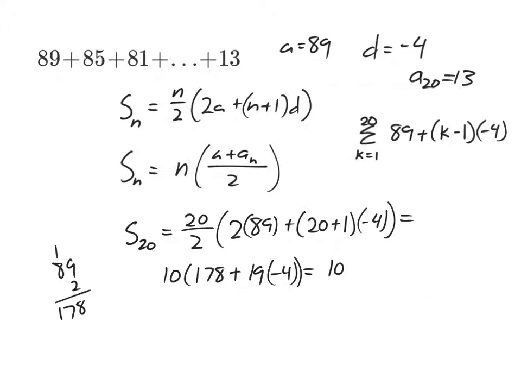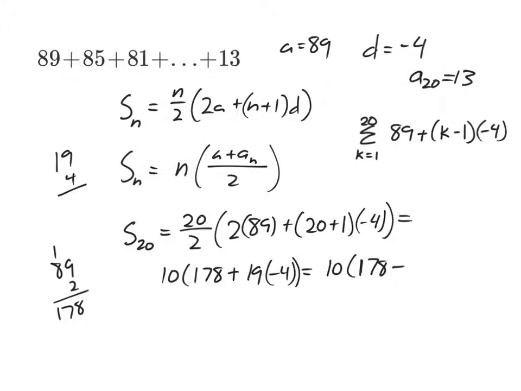So I have 10 multiplied by (178 minus 76), which is 10 multiplied by 102, which is 1020. So that is my partial sum.